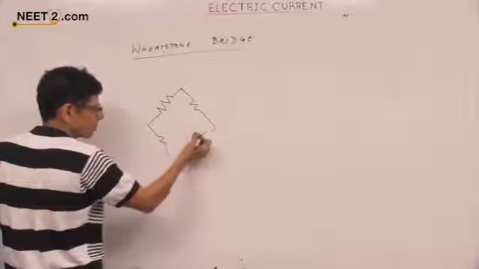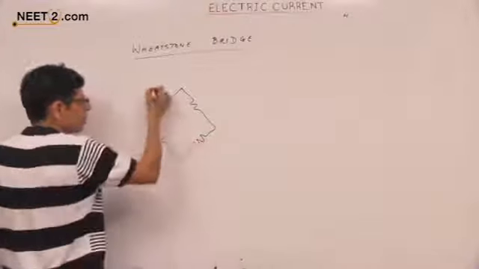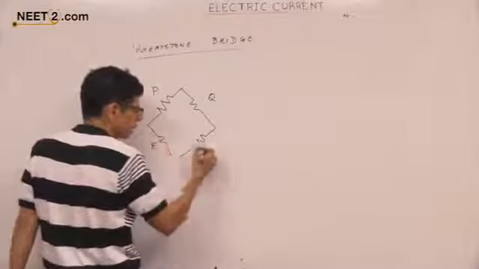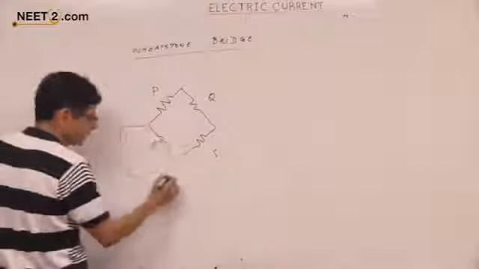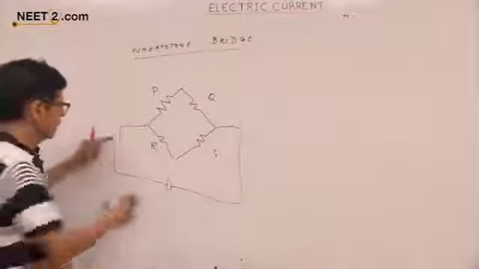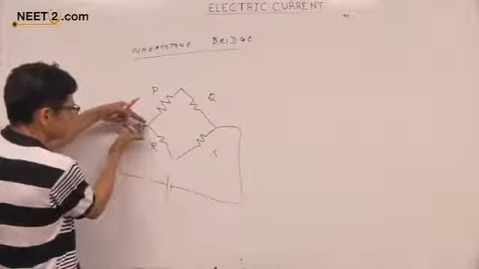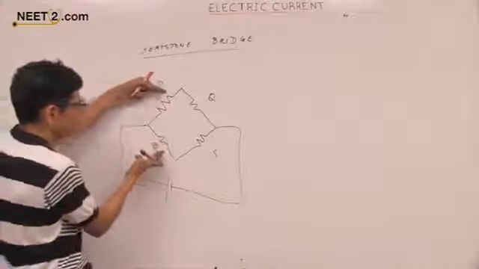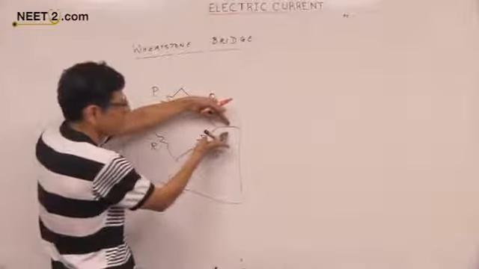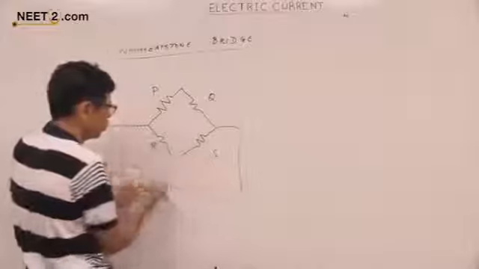Four resistors. Their resistances we'll call P, Q, R and S, and we connect them with a cell like this. What happens? Current goes like this, splits into two, and one stream goes like this and the other like this. They then join each other to become the original current.